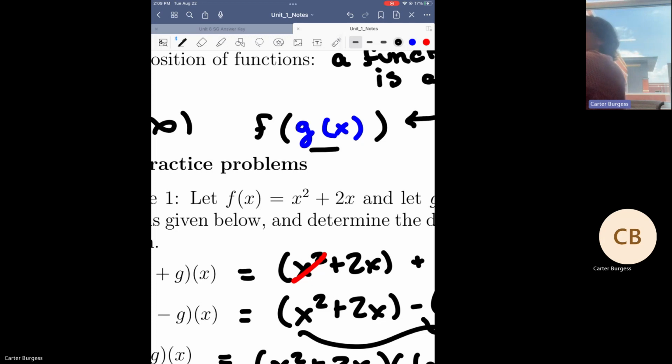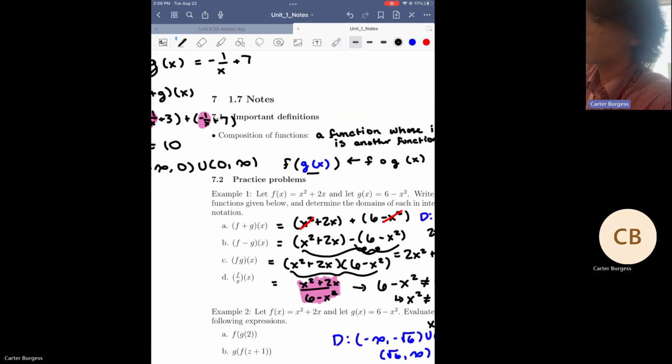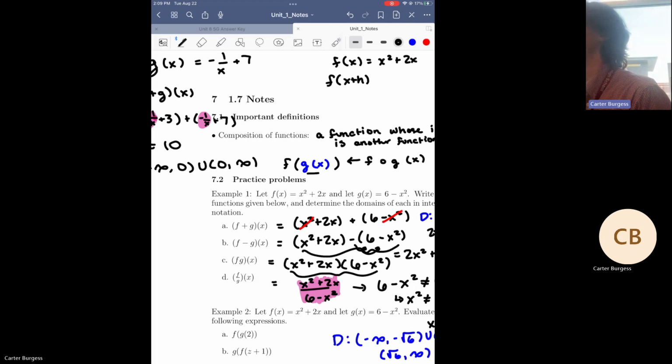You guys have actually already done this before. We didn't call it that when we did, but when we were told that f of x is equal to x squared plus 2x, and I want to know what f of x plus h is, what did we do? Well, we took x and we replaced it with a different function. We replaced it with x plus h. And this became x plus h squared plus 2 times x plus h, right?